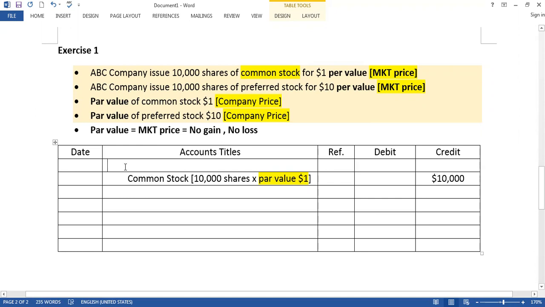So cash is debit, and this is not the par value. This is the market price.